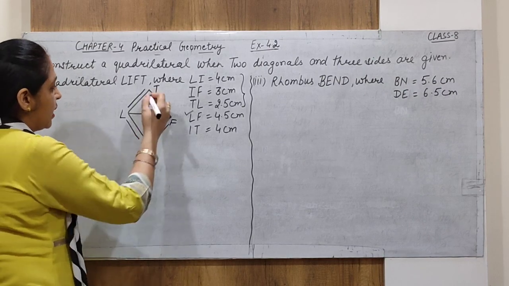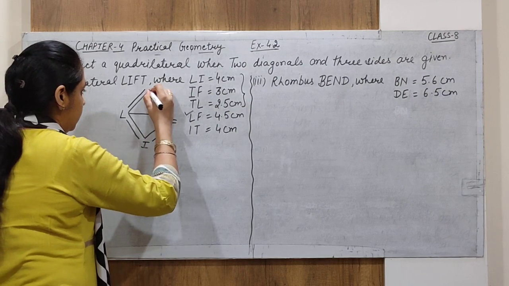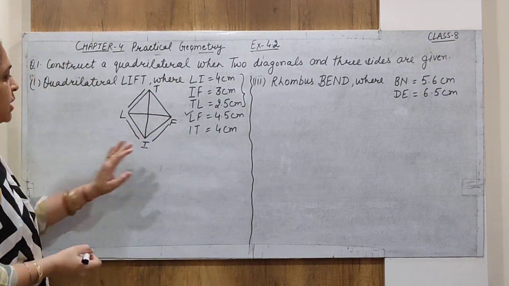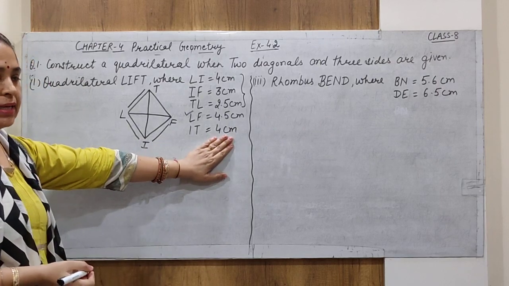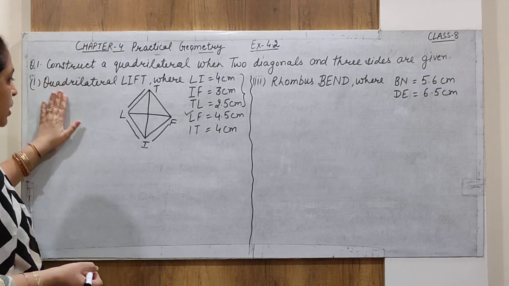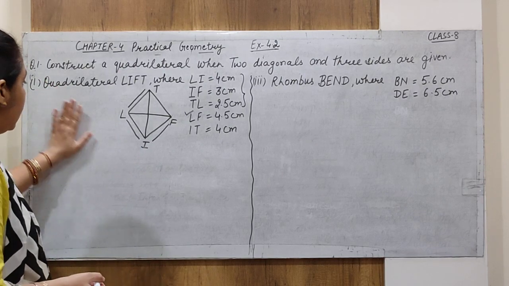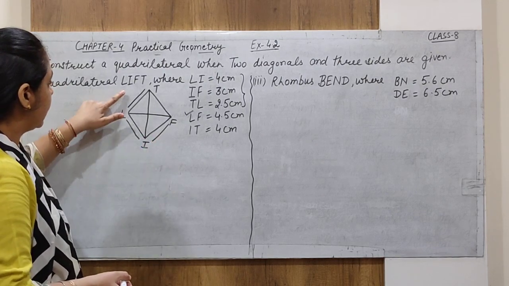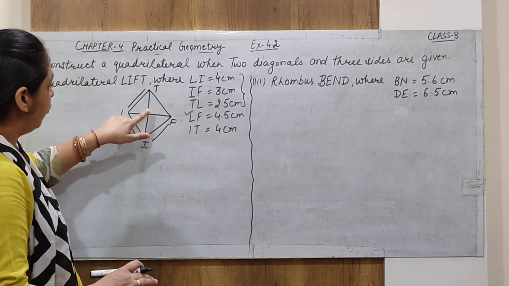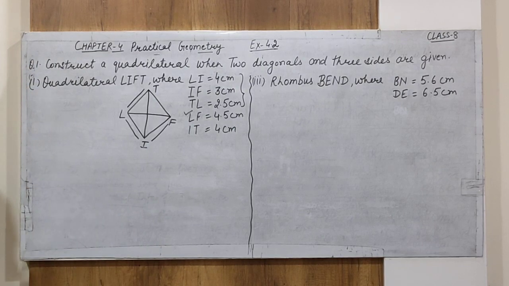When we join them, we get another diagonal, the second diagonal, whose length is 4 centimeters. So in this case, we have to construct a quadrilateral in which the lengths of three sides and two diagonals are given.